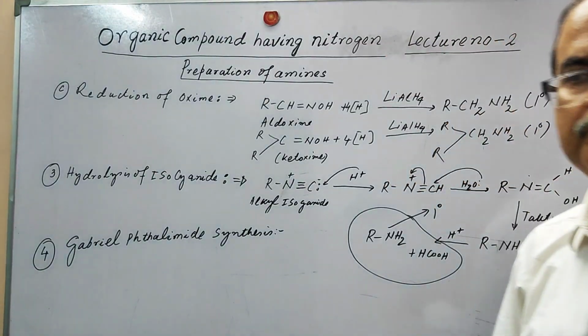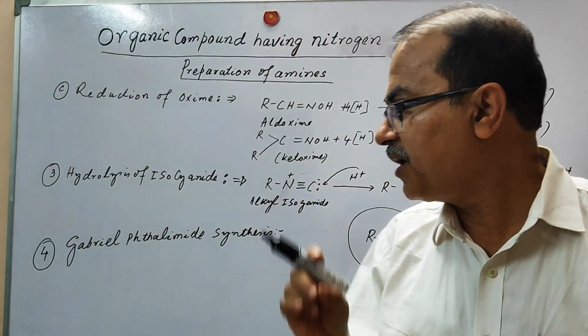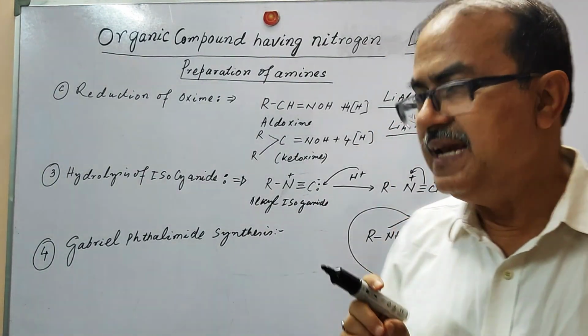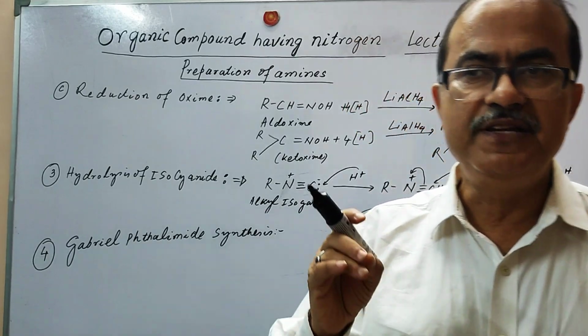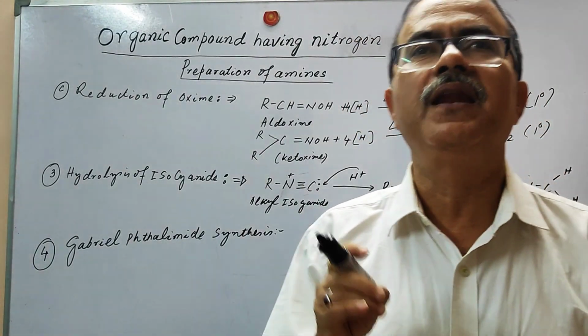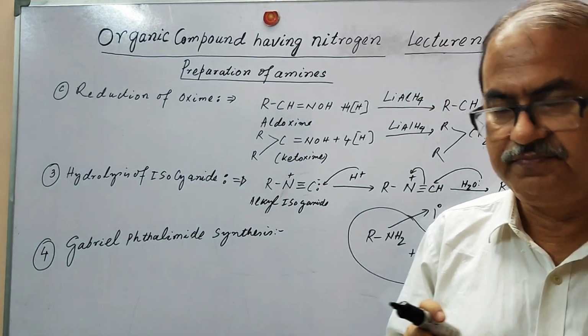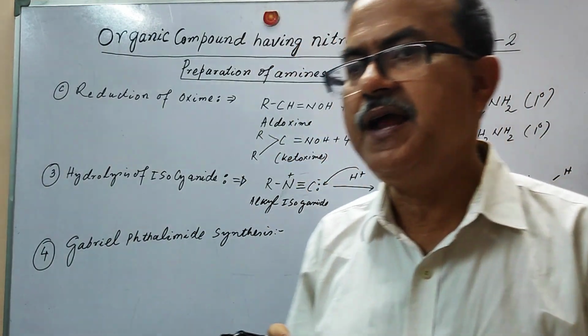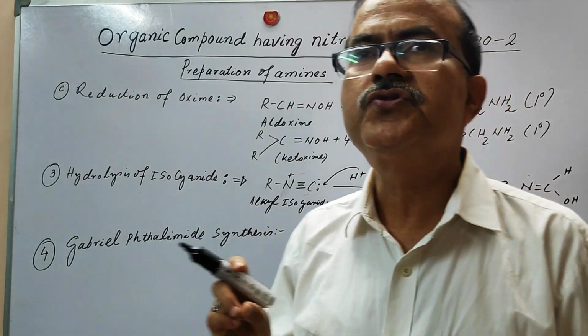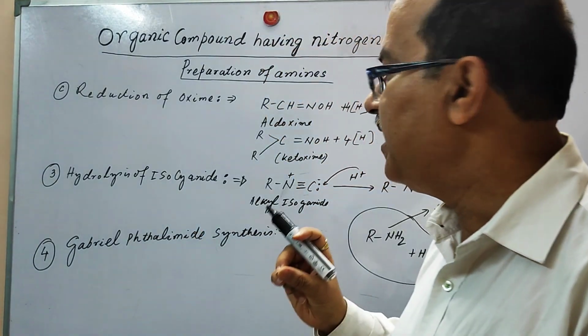In this case, the potassium salt of phthalimide is reacted with ethyl alkyl halides, and it is going to produce the 1 degree aliphatic amine.